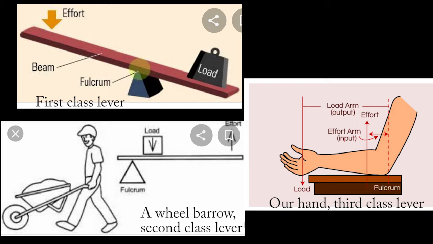Okay? Next, page number 134. Here we have to know about another type of machine, that is the complex machine. More than one simple machines are combined to build complex machines, which do our work more easily than simple machines.